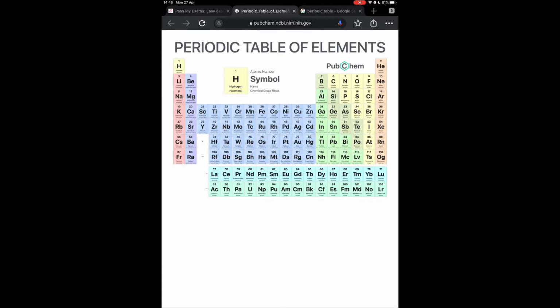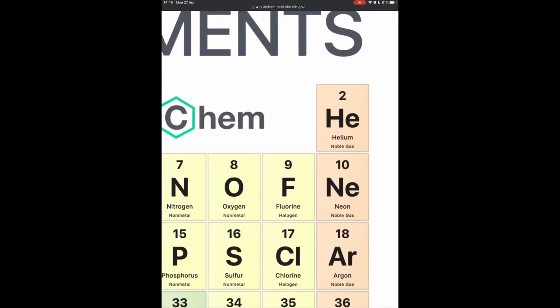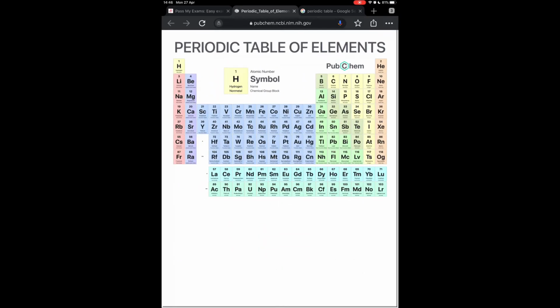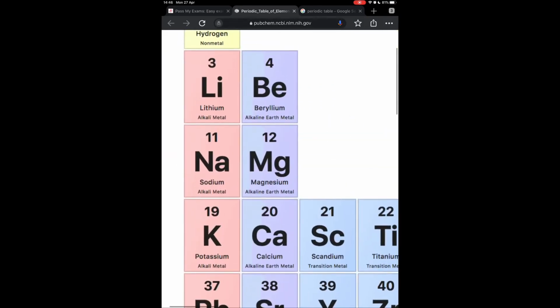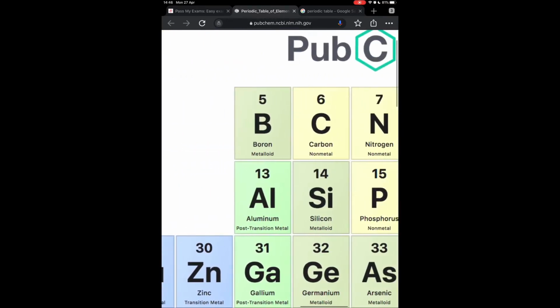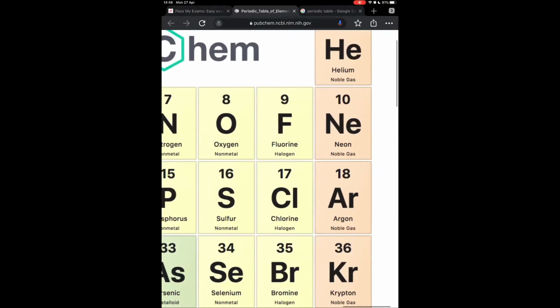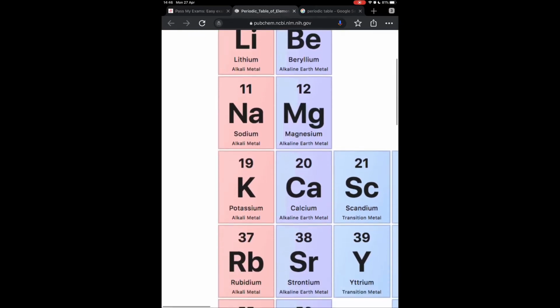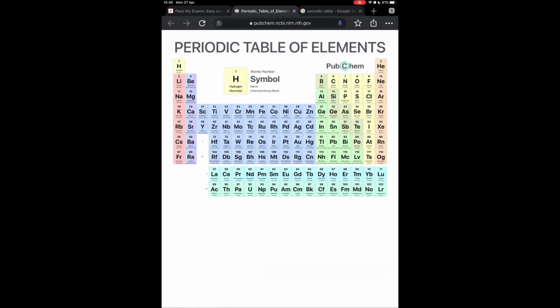So it's just like counting the numbers really. 1 for hydrogen, and then 2 for helium up here, and then it goes back down to the next line, 3 for lithium, and then 4, then we can go across, 5, 6, 7, 8, 9, 10, and then you can see that 11 is back at the beginning of the next line here. Okay, so the atomic number, that's the number of protons, just goes up by 1 each time, from hydrogen to helium to lithium and so on and so on.